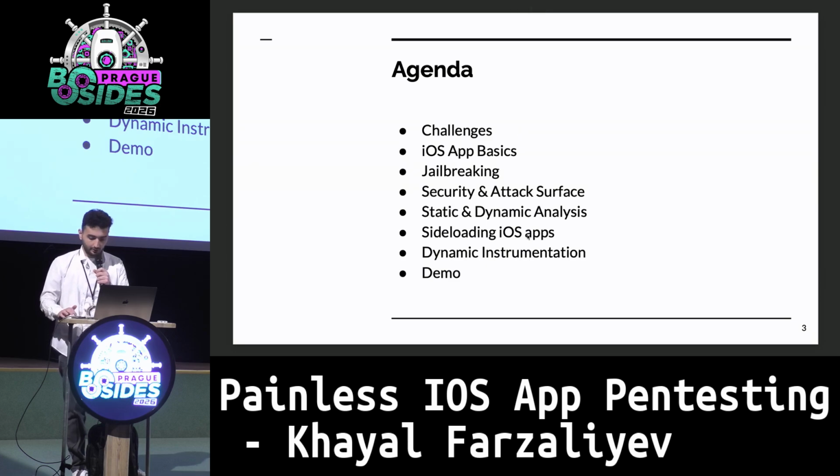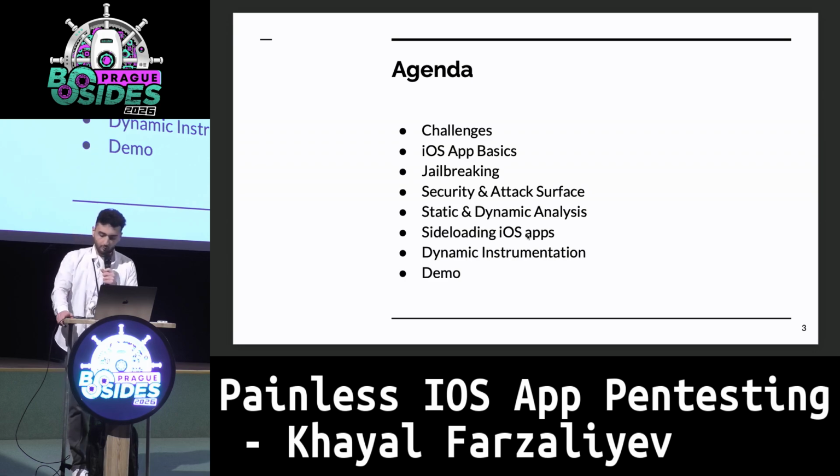So here's the agenda for today's talk. First, I want to talk about the challenges that make iOS pen testing difficult. Then we'll go through some iOS app basics. After that, we will talk about jailbreaking, what it is and why we care about it.